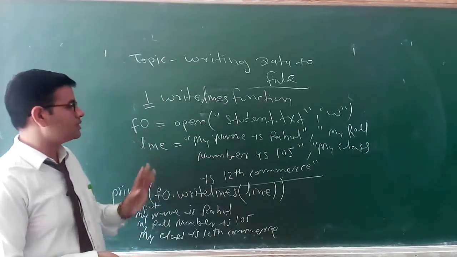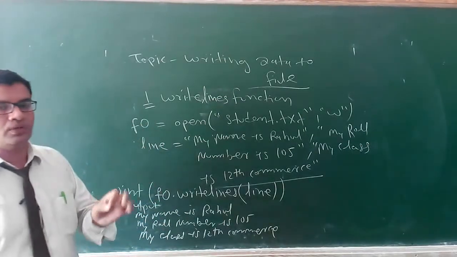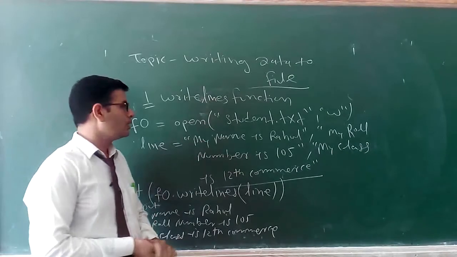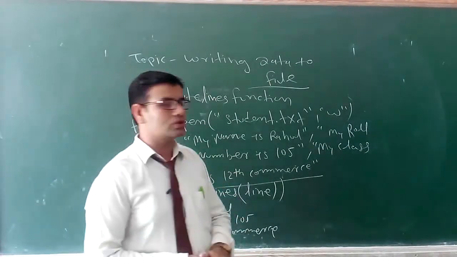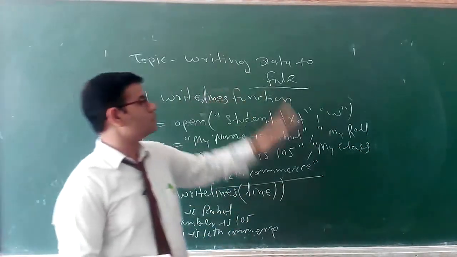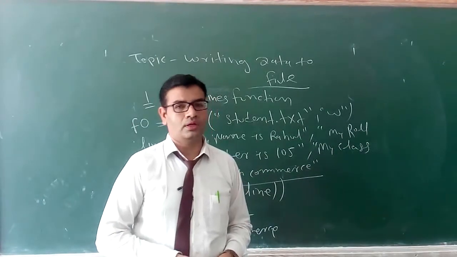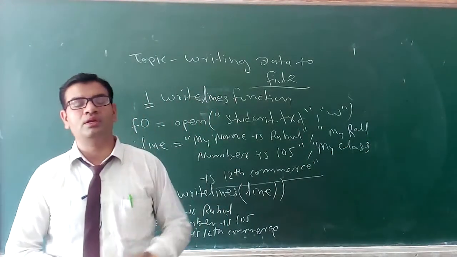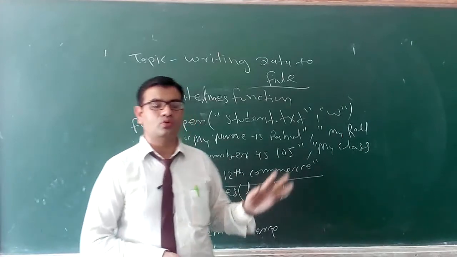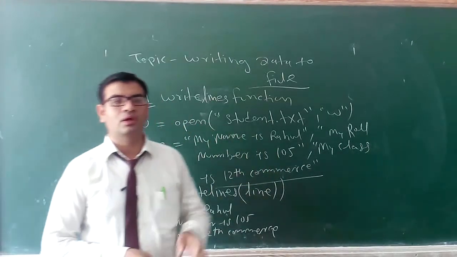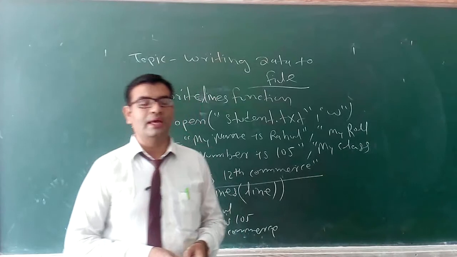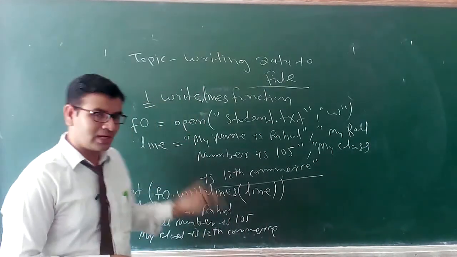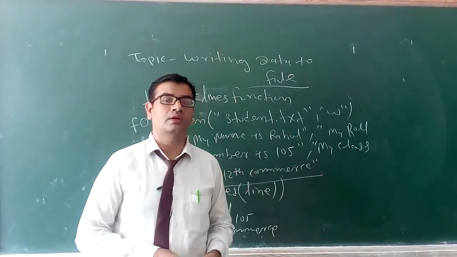So this is the major difference, along with the definition and example of the write and writelines functions under writing data to file. When we want to save any data to a file, we have to use the write operation, and there are two ways to write data to a file. First is the write function and second is the writelines function.